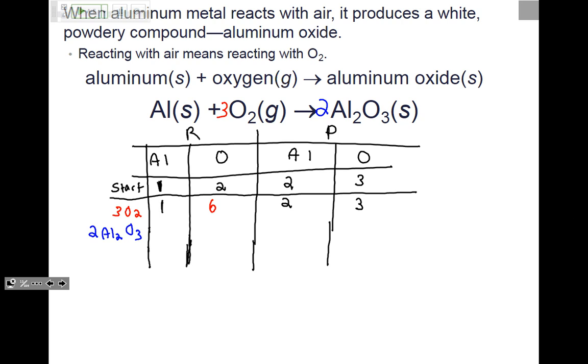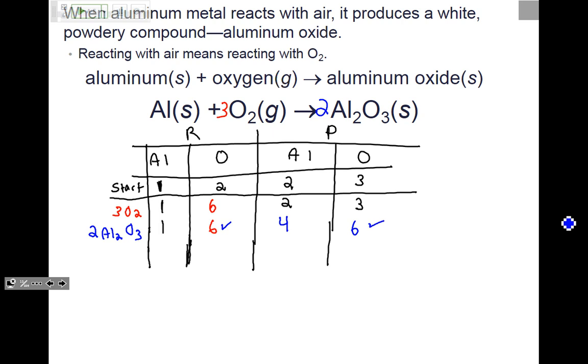Again, I didn't do anything with the aluminum that I started with. I still have 6 oxygens in my starting material. But now, I have 4 aluminum atoms in my product, and I have 6 oxygen atoms in my product. So my oxygens are balanced, but my aluminums are not yet.